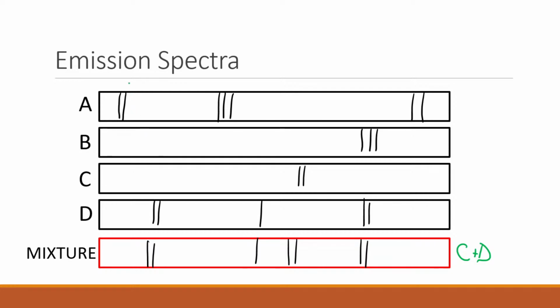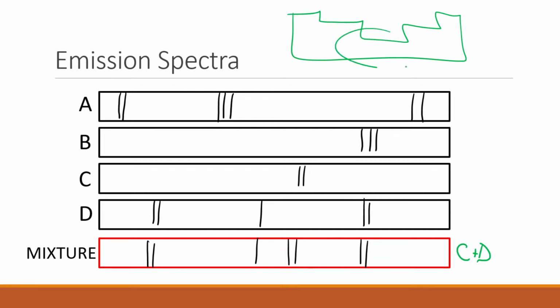And we would get this as an element we've seen on the periodic table, this as an element we've seen on the periodic table, and this as something we thought was an element on the periodic table that we were then able to say, actually, hold up, this is clearly a compound made from C and D. And it really helped fill in the big middle chunk, right? If we look at the periodic table, this big middle chunk of the periodic table was really filled in once we discovered emission spectra and were able to really record and look at them.